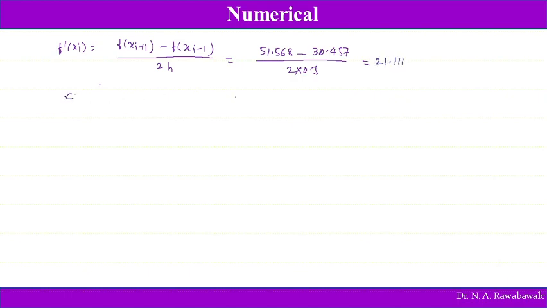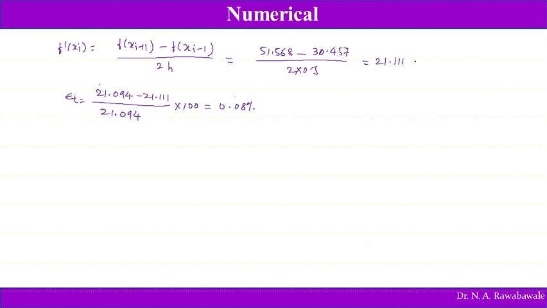So we can find the true error here. The true value which is obtained is 21.094. So 21.094 minus 21.11 divided by 21.094, into 100. So we get the true error as 0.08%.